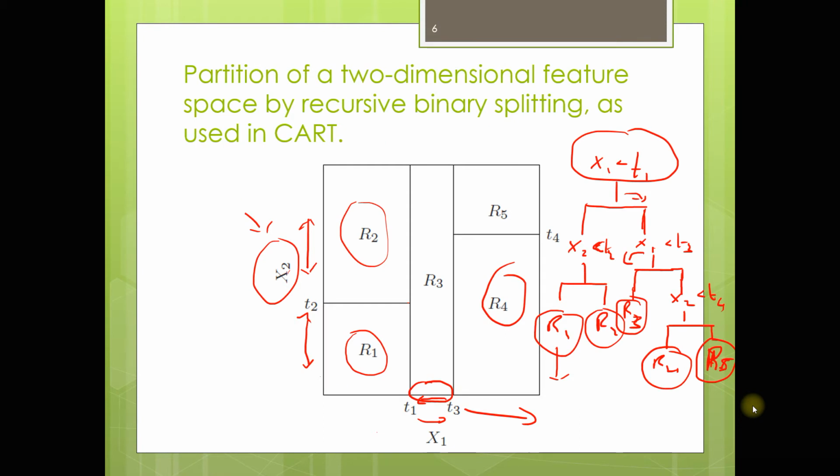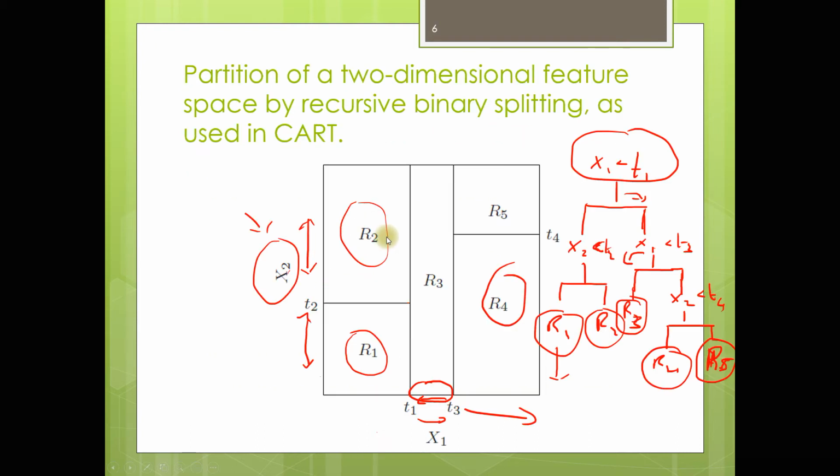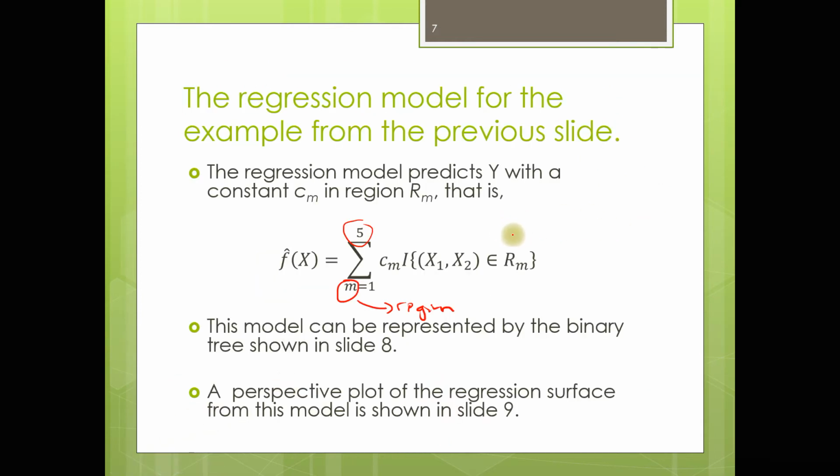What you saw here can be represented mathematically here. Let me just briefly show the different components of the equation. The M relates to the region. Which region are you referring to? The first region, the second region, or you have 5 regions in all. As you would see in this example, there are 5 regions in all. Then there is this part here, which refers to an indicator function.